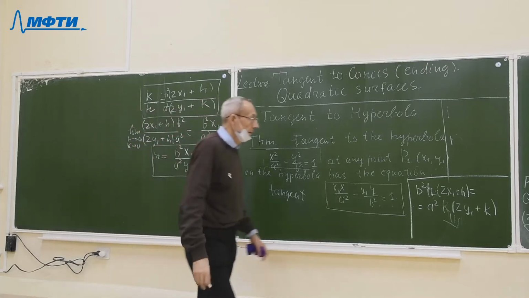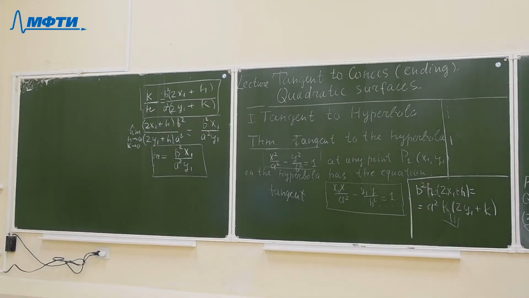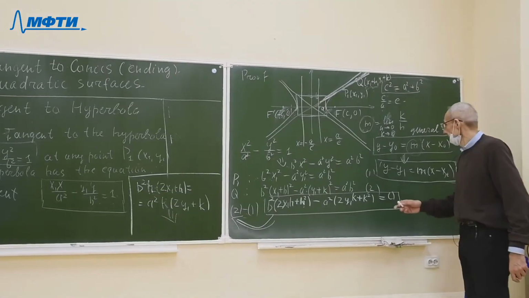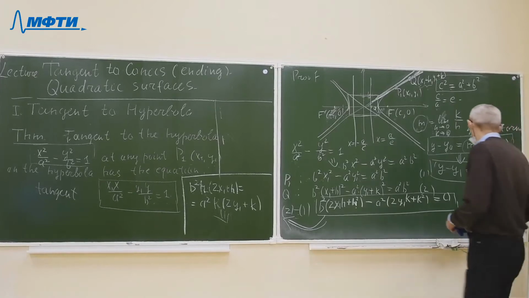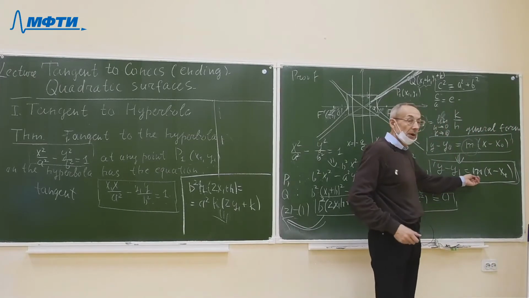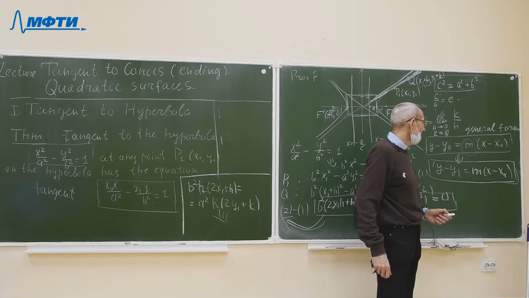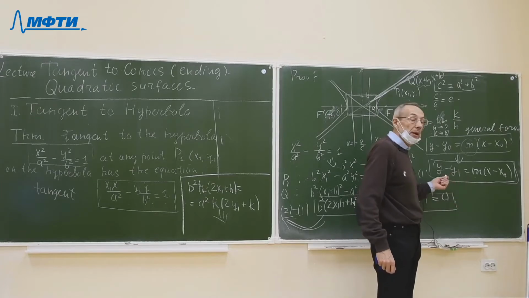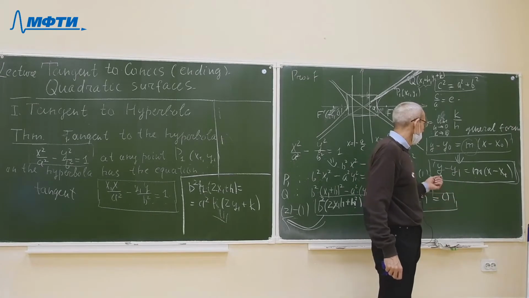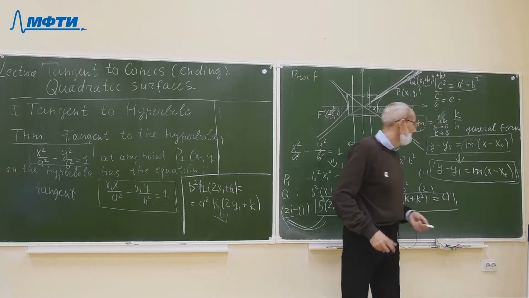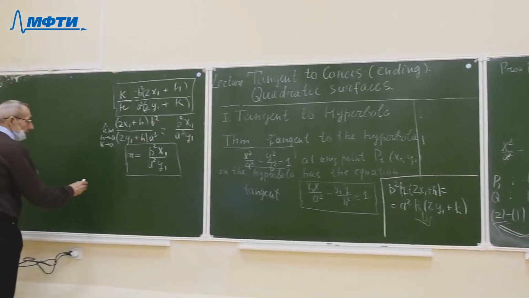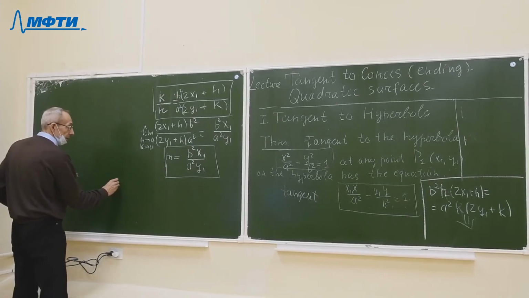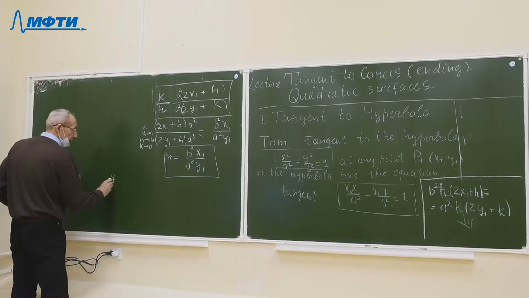If we substitute this value into the equation of the straight line, we obtain the exact equation for the tangent to the hyperbola.